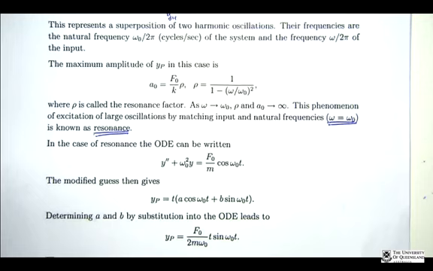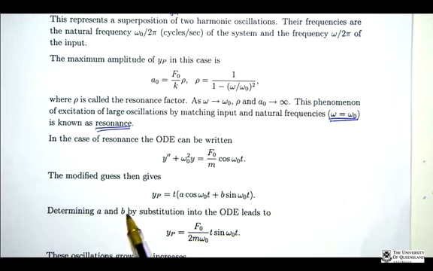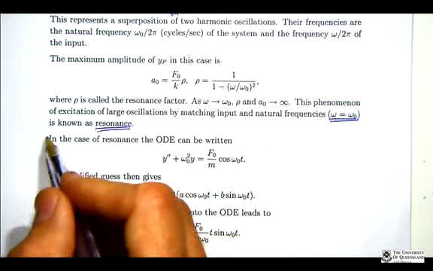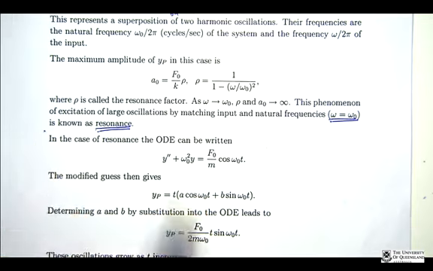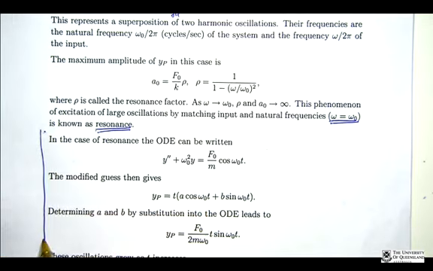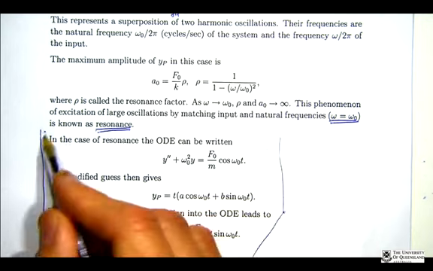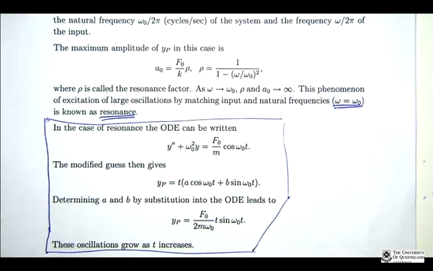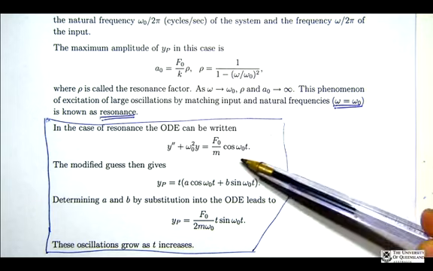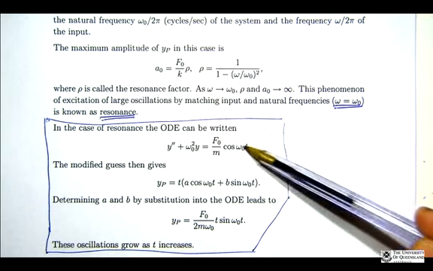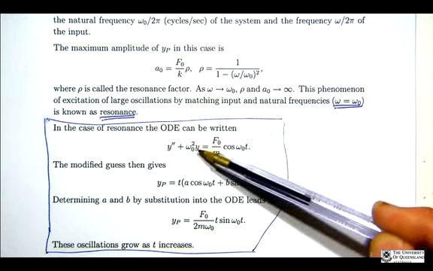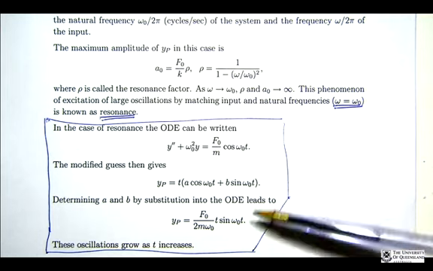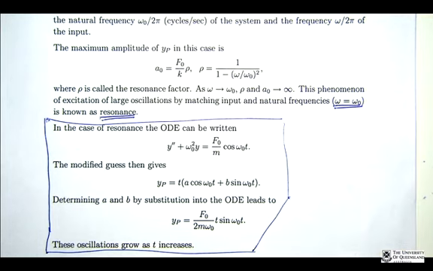So, by the way, what happens if we do have resonance? Then what we can do, so I guess I can just put a little box around this discussion here. In the case of resonance, what can we do to determine the particular solution? Well, in this case of resonance, where the driving frequency coincides with the natural frequency of the system, we would have to modify the guess, right?